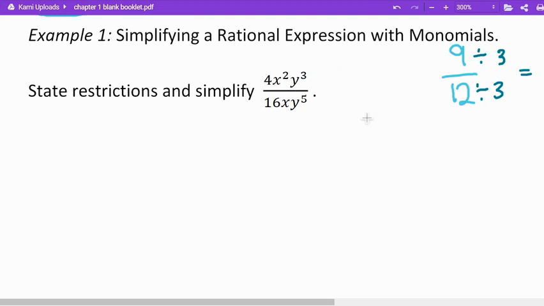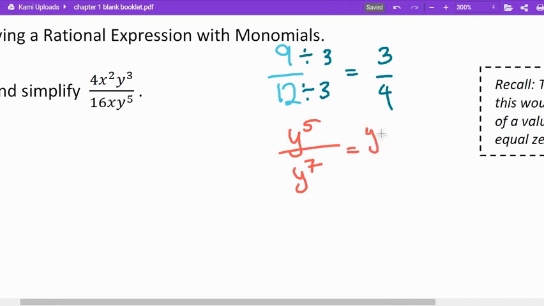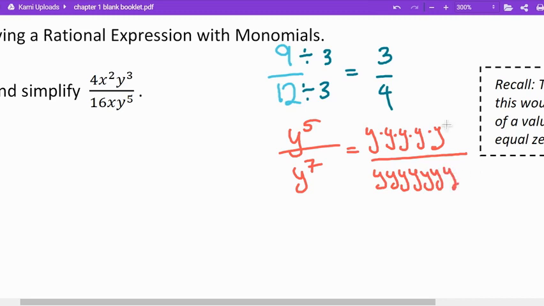We've got some x's and y's here, so things are a bit different. Let's just review. If I have y to the 5 over y to the power of 7, what that means is y is multiplied by itself 5 times and in the denominator 7 times.